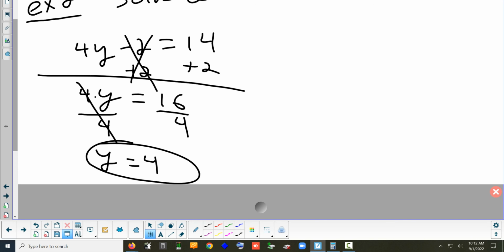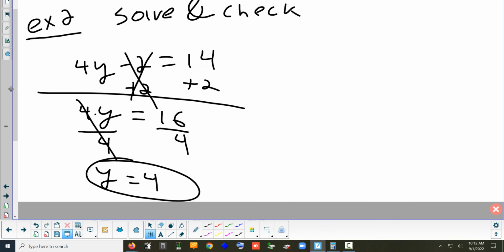Now we'll do what Caleb said, which is to check it. So Caleb, can you remind us, how do we check it? I don't remember. All right, so does anyone remember how you check and see if your answer is right? Dorian? Plug in 4 for y. Plug in the 4 for y back in the original equation. Okay, so let's do that.